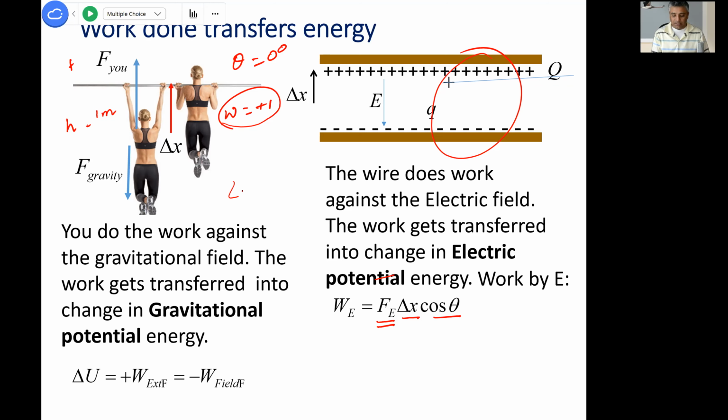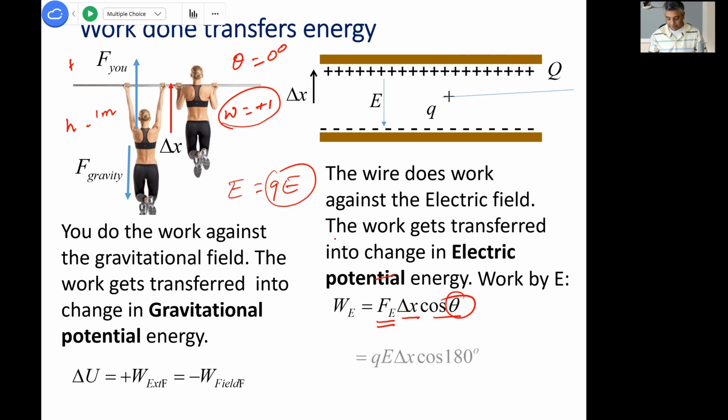We know it is Q times E. In this case the charge is positive, so we can just write QE. And by the way, we don't need to worry about the positive or negative sign. The sign is given by the angle. So we just write the value of the force. Even if it was a negative charge, we would write the same force there.